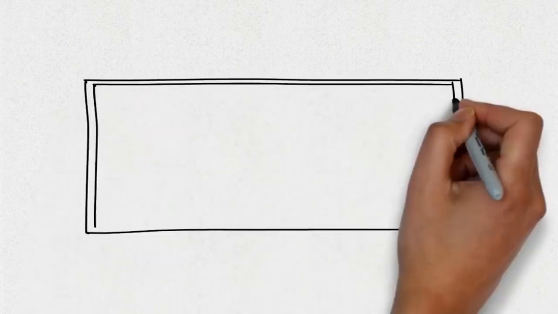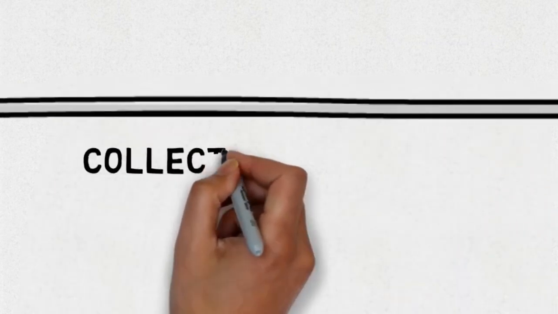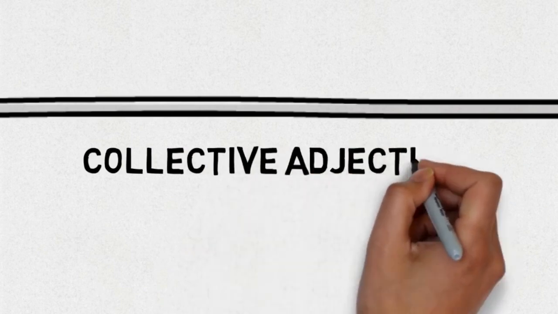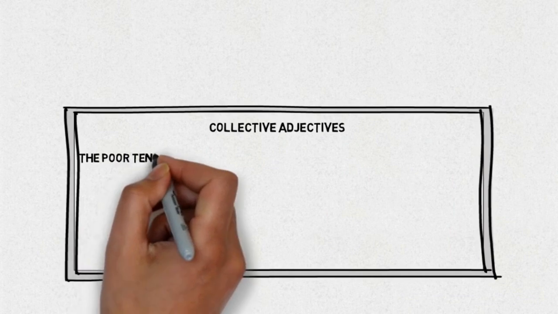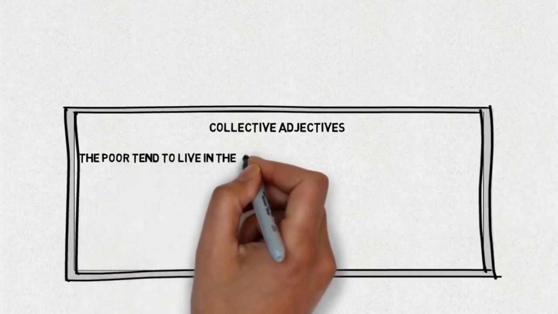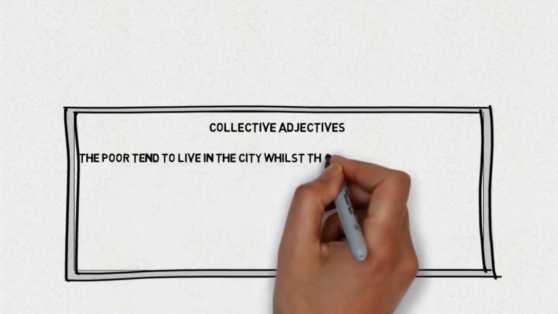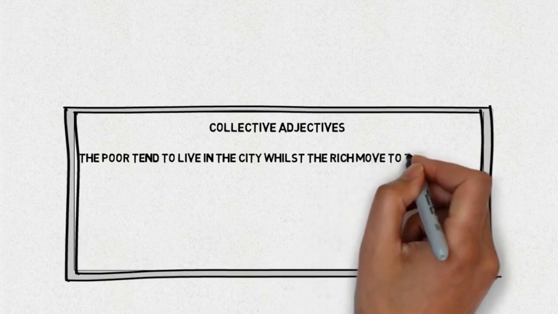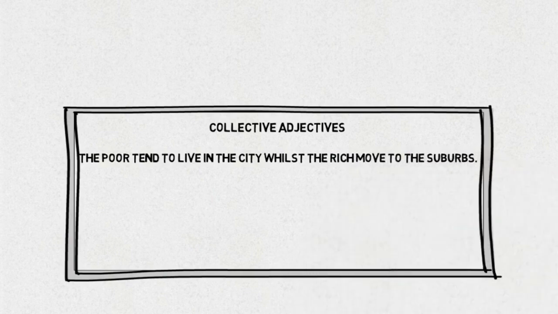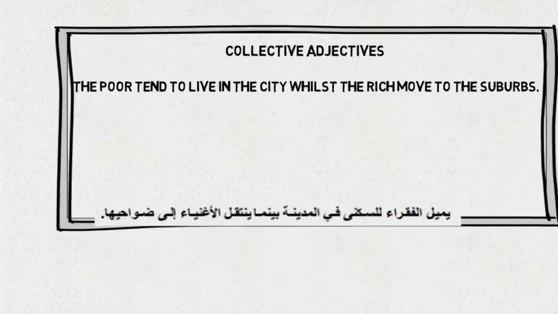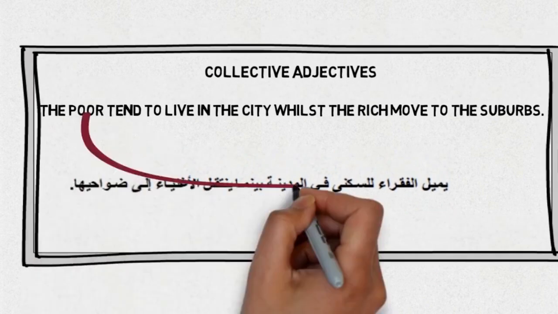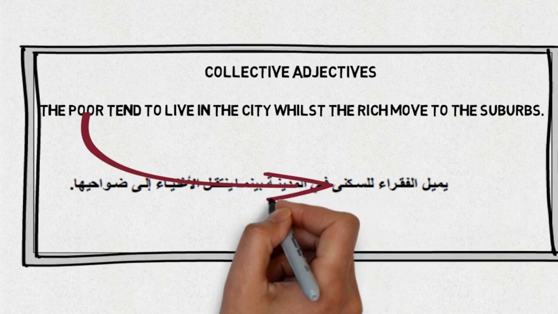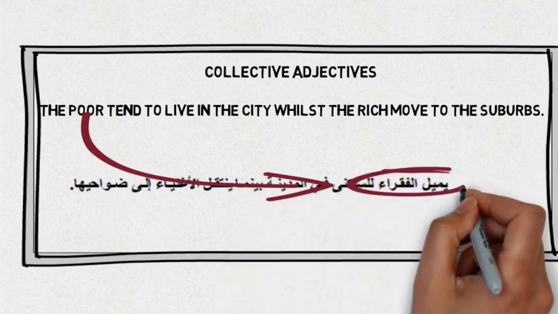Another common feature of adjectives that could be overlooked in translation is the collective adjectives that are followed by plural verb forms. For example, the poor tend to live in the city, whilst the rich move to the suburbs. يميل الفقراء للسكنى في المدينة بينما ينتقل الأغنياء إلى ضواحيها.